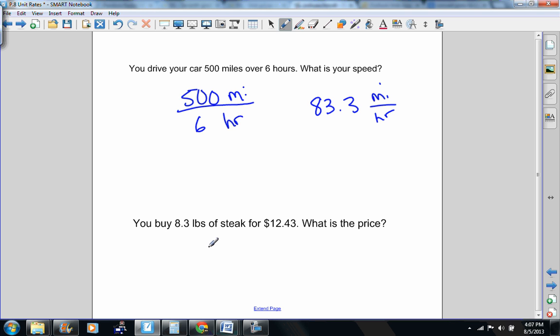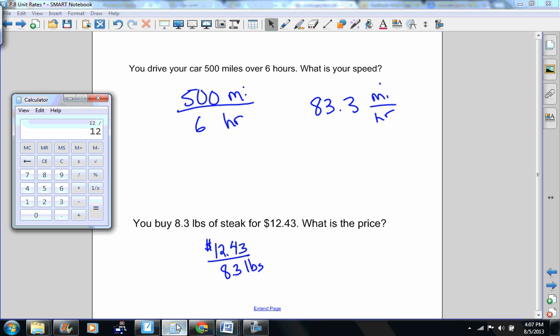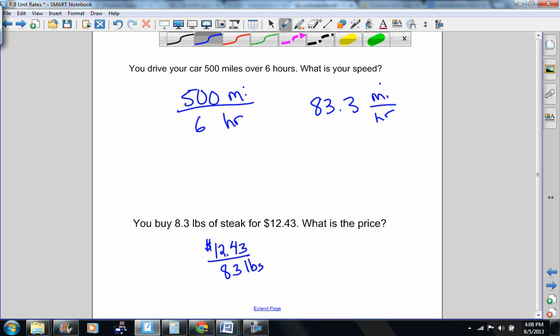So I'm going to do $12.43 per 8.3 pounds. And now I just divide like I did on the other one, 12.43. Oopsie. Yes, I know, calculator. 12.43 divided by 8.3 gives us 1.5 about.